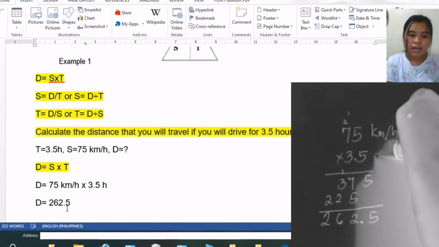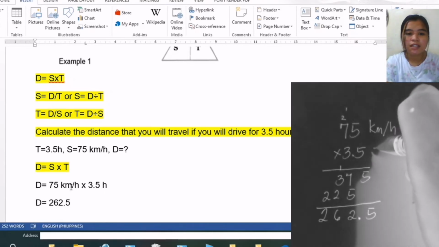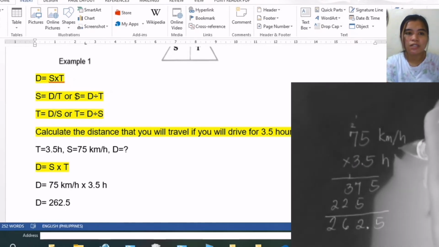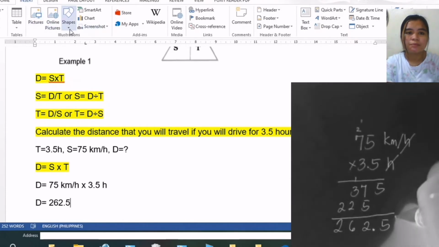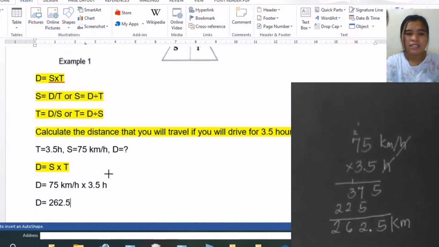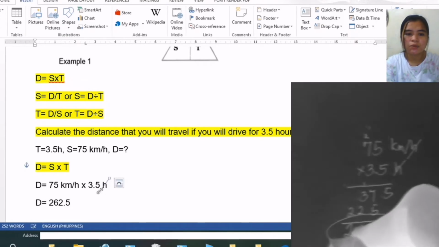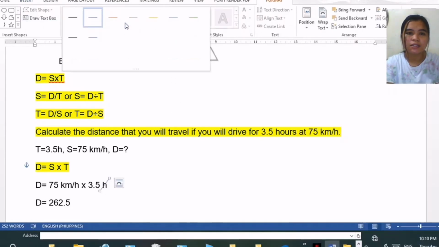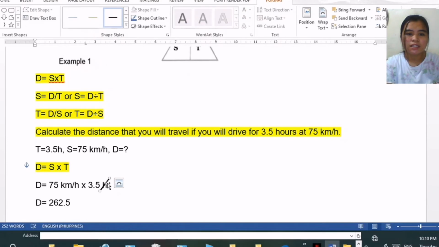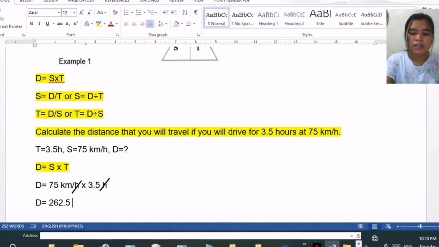So after that, since the unit here is kilometer per hour and dito is hour, we can cancel out the hour here. Cancel na natin siya, pati ito. So ang maiiwan na lang po is kilometer. So therefore, our answer here is 262.5 kilometer. Okay? Kasi distance nga yung tinatanong.